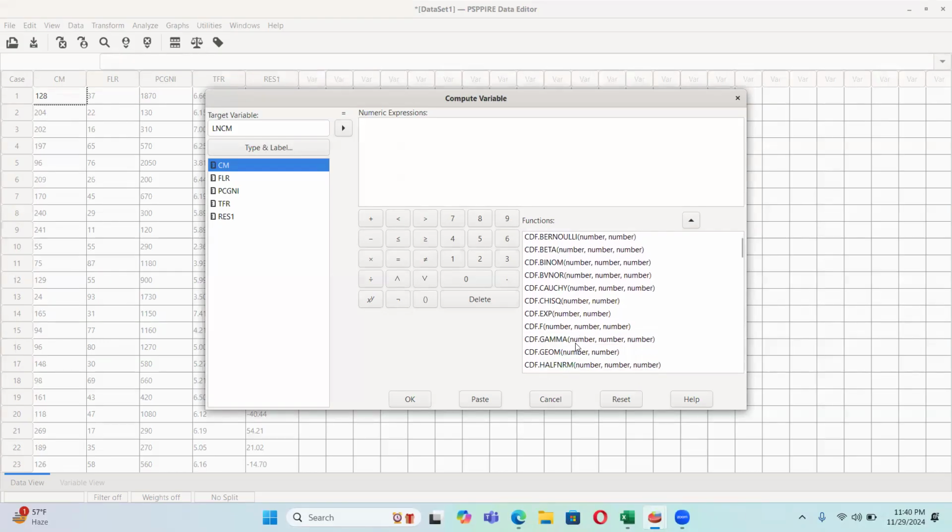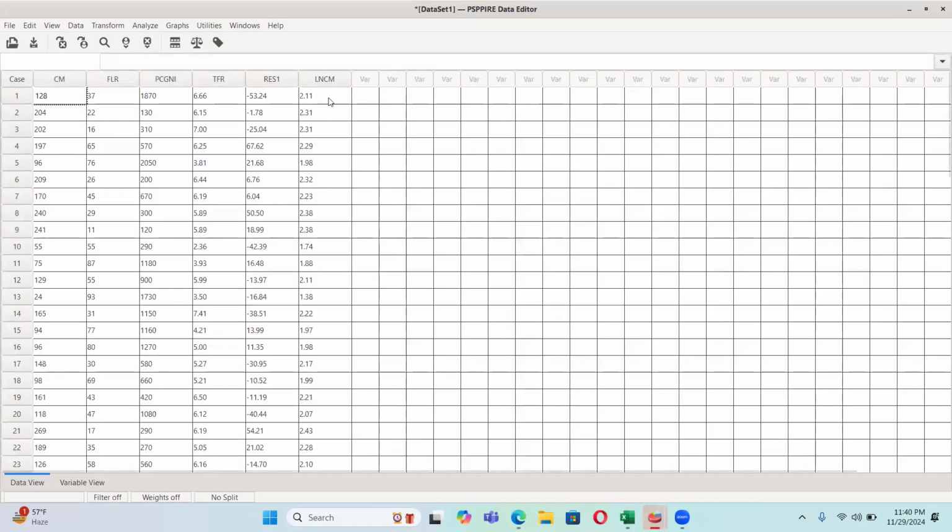On the right hand side, we can see the formula for log we are supposed to use. This is LG10 and bracket. We're not supposed to type CM; we are supposed to click on it and then put it inside. Then close the bracket. We'll get the log CM value. Similarly, we can do this for other variables.